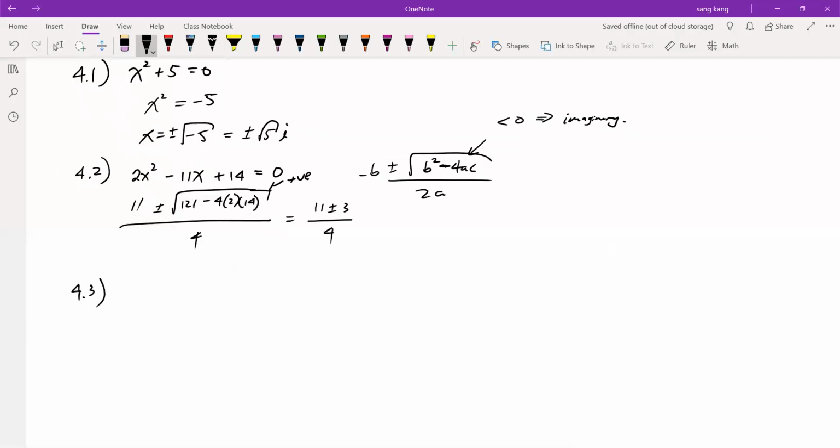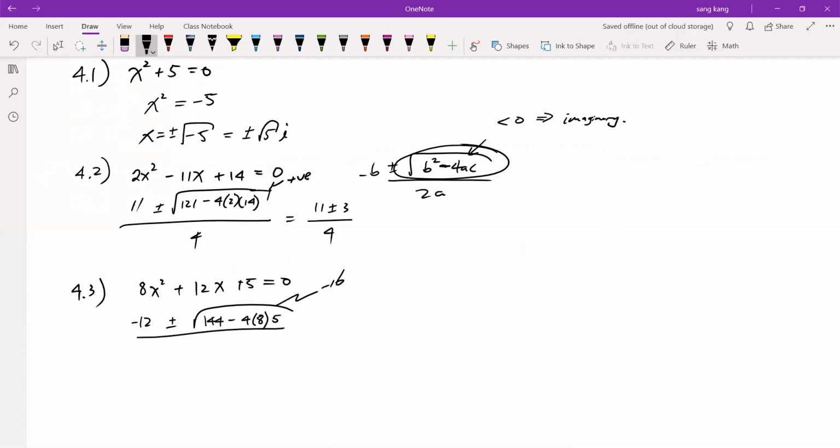4.3. Of course, if we had a discriminant, this is the discriminant, that is less than 0, we'll have imaginary numbers, as we do in this case. So negative b plus or minus the square root of b squared minus 4 times a times c. This quantity is negative 16 over 2a.